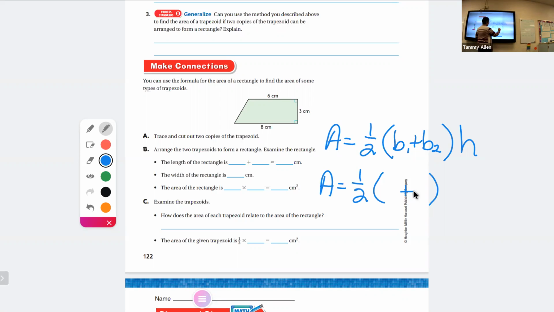Now we start substituting our numbers in. The bases are parallel to each other. What are the two values that are parallel to each other? 6 and 8. Does it matter which one is first? No. What is the height? 3.